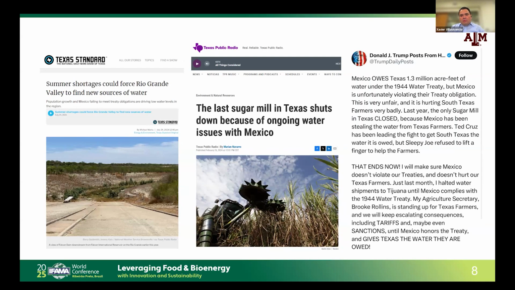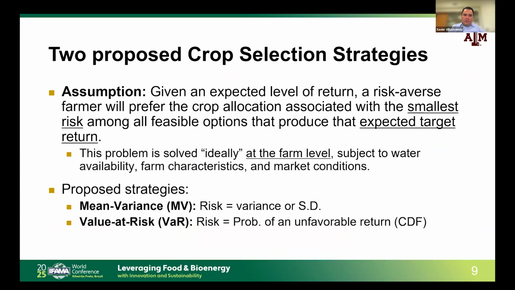Now, with this background, we want to present our crop selection strategies. We are going to present two crop selection strategies using the following assumption. Given an expected level of return that I want to obtain, a risk-averse farmer will prefer the crop allocation with the smallest risk among all the feasible options that produce that expected target return.